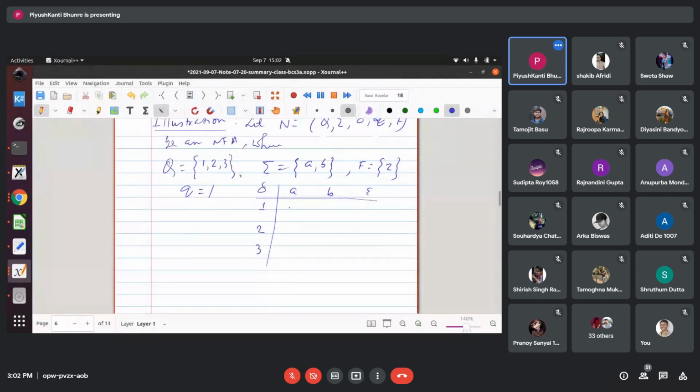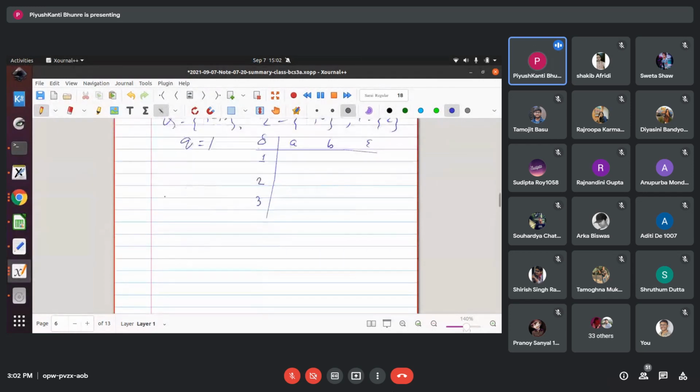Now from state 1, what is the transition? On symbol A it goes to state 3, and on receiving symbol B it goes nowhere, so it's an empty set.